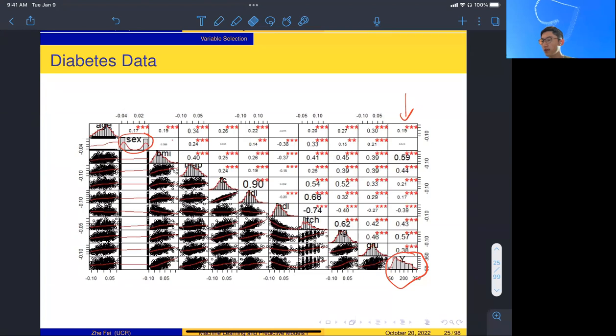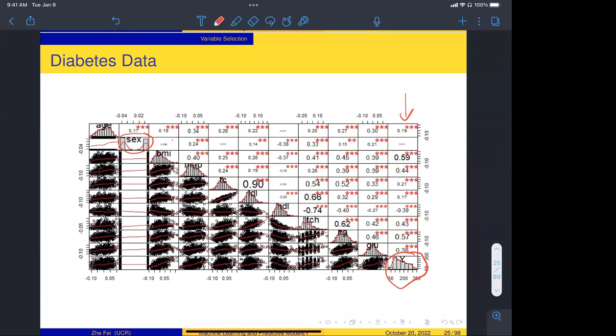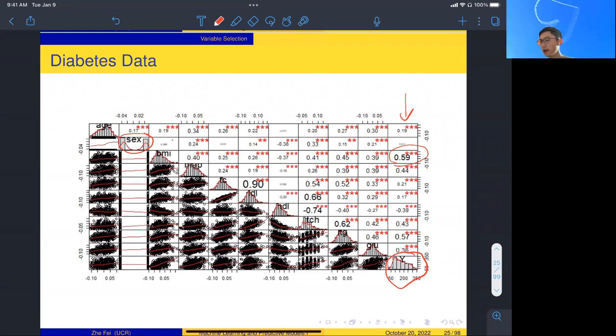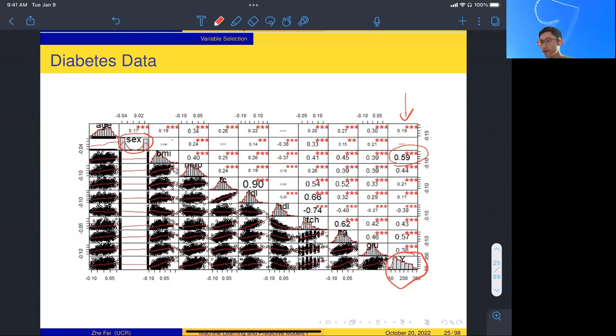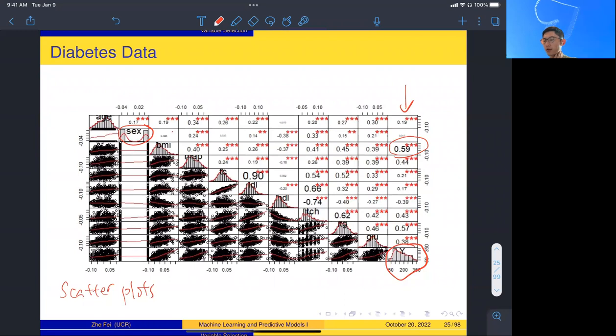So for example, BMI has a larger correlation that is significant with outcome Y, and some correlation may be smaller. And on the lower triangle, right, that is so-called scatter plots. So the scatter plots, right, is essentially you just plot the two variables of your data points, right, and for each of the panels. So this gives you like a good visualization of the data that you have.